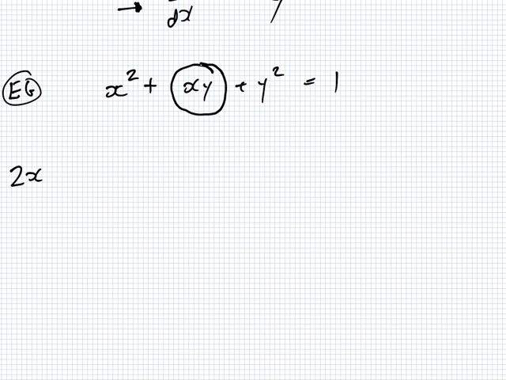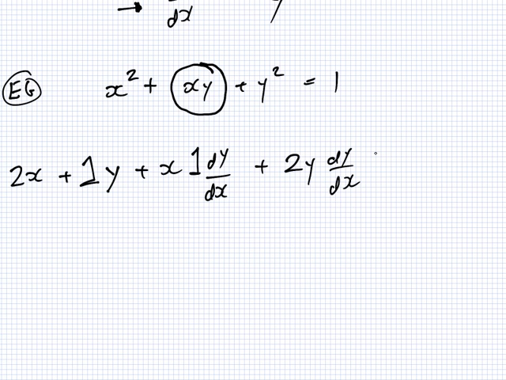You need the product rule here, because it's x times y. Derivative of x is 1 times y, plus x times the derivative of y, dy dx, plus 2y dy dx equals 0.